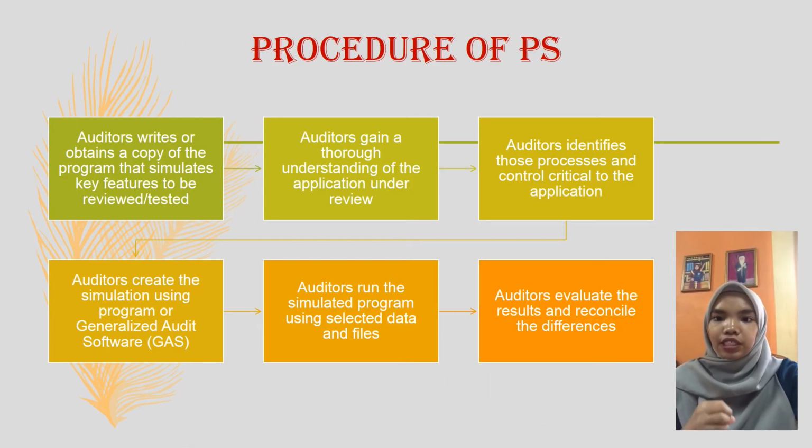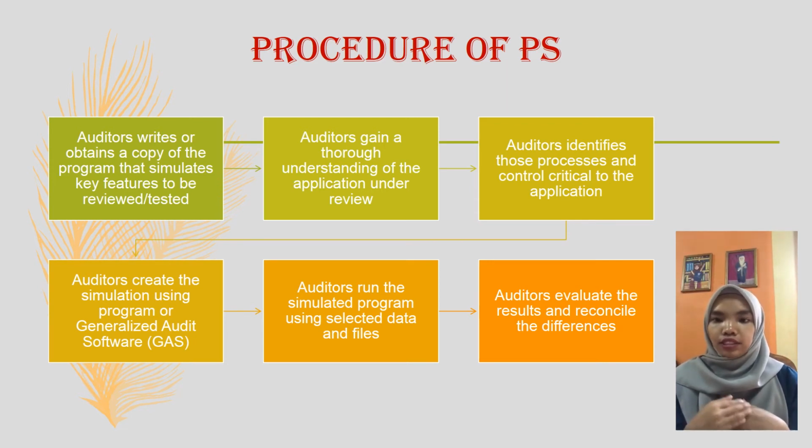For the procedure of parallel simulation, firstly, auditors write or obtain a copy of a program that simulates key features to be reviewed or tested. Next, auditors will gain a thorough understanding of the application under review. Then, auditors will identify those processes and controls critical to the application.